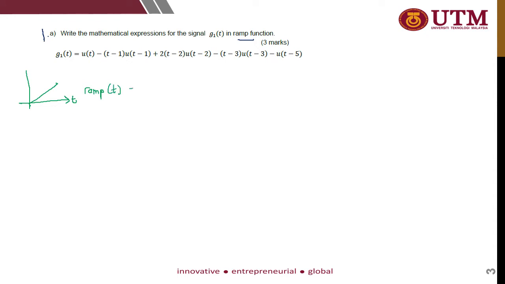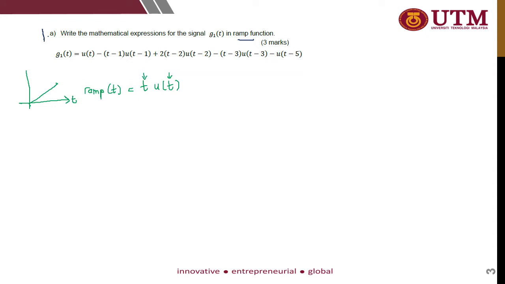So ramp(t) is basically equal to t u(t), in which if you have t in front of the u, it is representing a ramp function. And usually the t is written having the same parameters or values as the values inside the bracket.